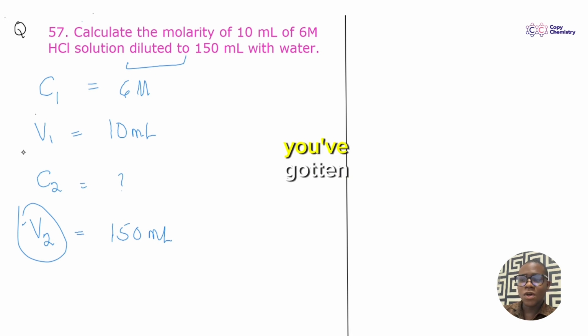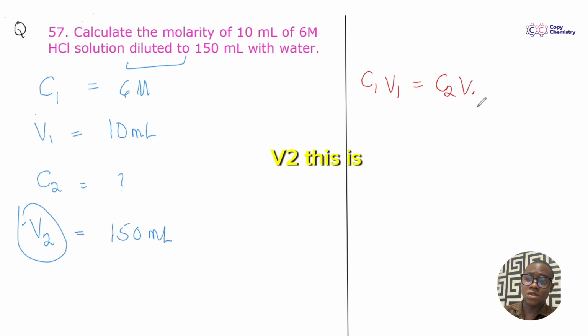Right, so if you've gotten this, all we have to do now is to use this formula here, C1V1 equals C2V2. This is your dilution formula, and you will be using it over and over again if you're dealing with anything that has to do with dilution of normal kind of solutions in chemistry, okay?